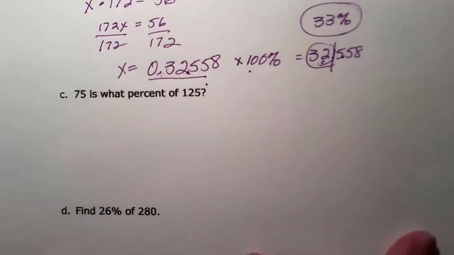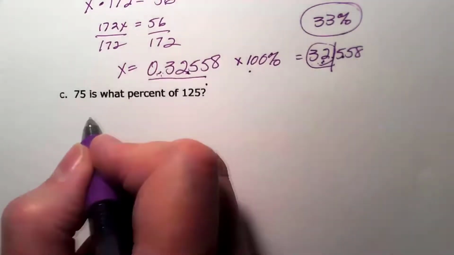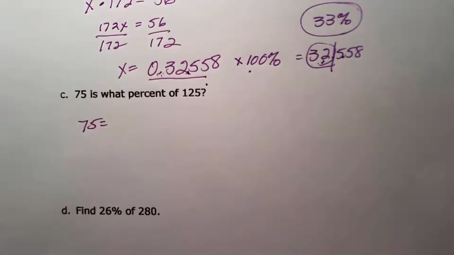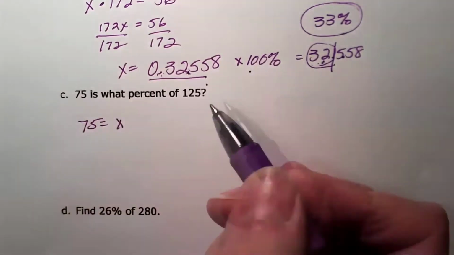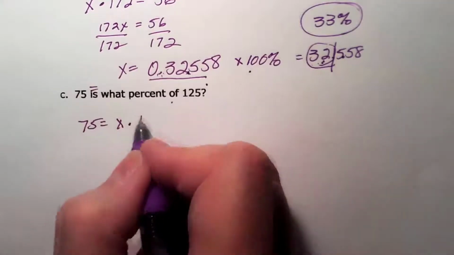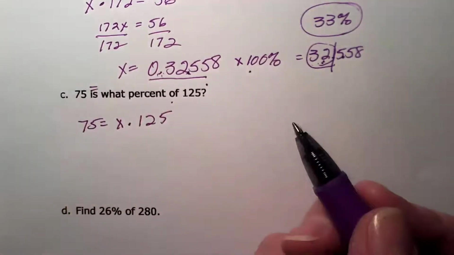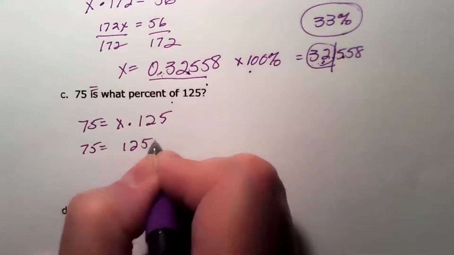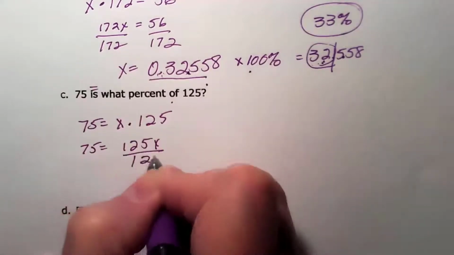This next one, we're missing the percent also, but it's set up sort of the other way. 75 is what percent of 125? Is times. So I have 75 equals 125x. I'm going to divide by 125.